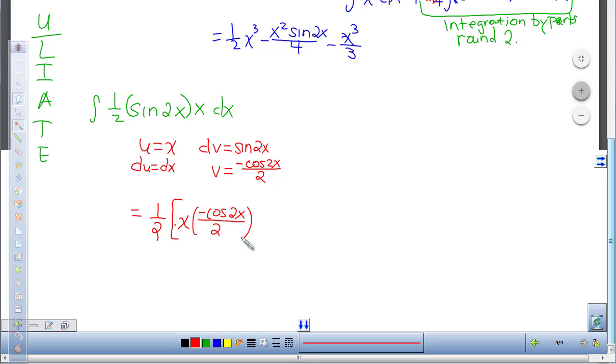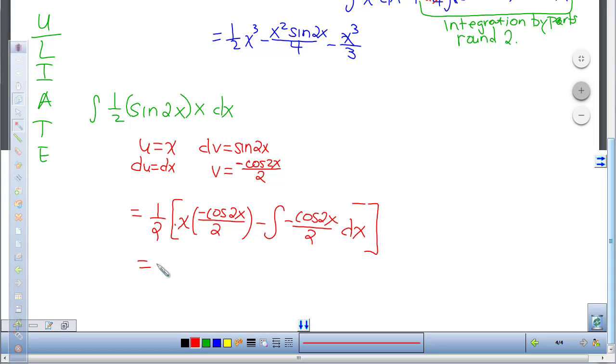Minus the integral of v du. So that's negative cosine 2x over 2. And now du is just simply dx. So that's going to work out great for us. Looks like I can, well, let me integrate this first.